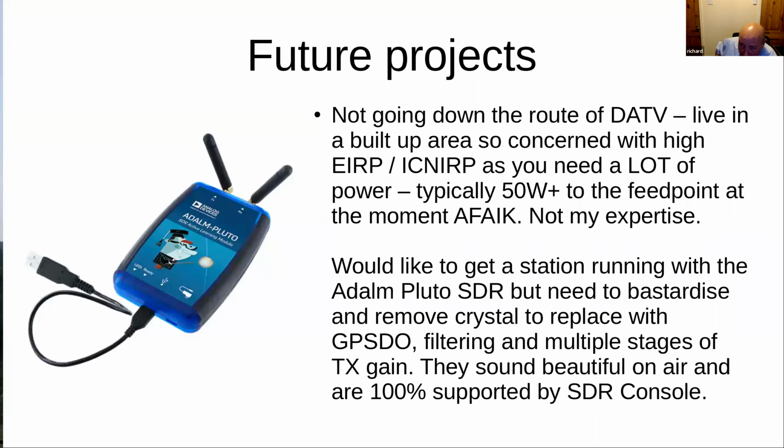It covers a massive range of frequencies. They're not that expensive, about 280 quid. I think they put out about 1.5 milliwatts on transmit, so you can easily use that as a prime mover for something to do a little bit more with. There's lots and lots of videos on YouTube which talk about the ADALM-Pluto and using it.